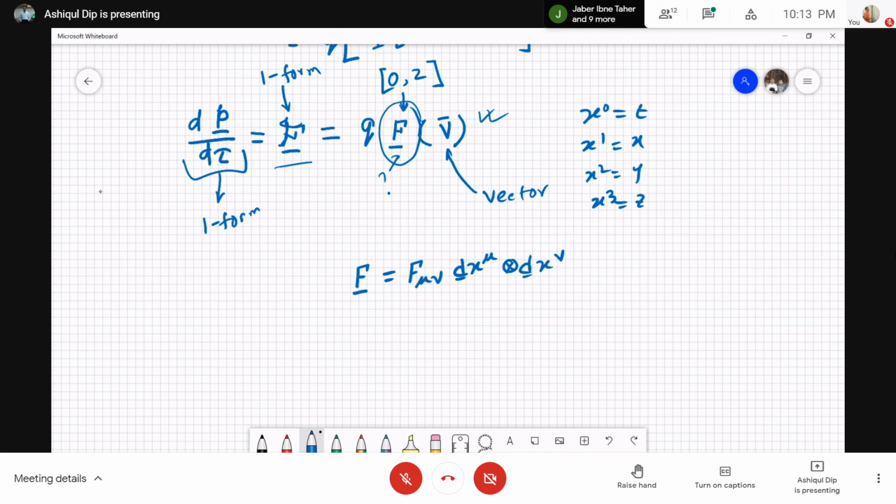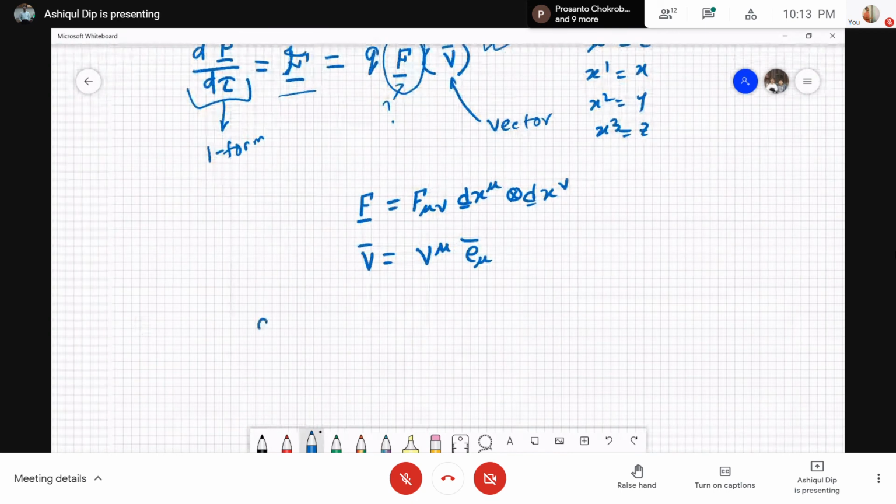So okay, if I have my velocity vector to be like this, v^μ e_μ, what I'm actually doing is I have q, I have F, it has 2 slots, right? I'm keeping one slot empty, putting v on the other slot and trying to evaluate what happens.